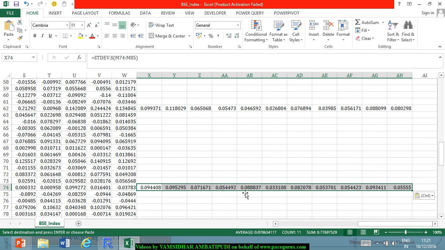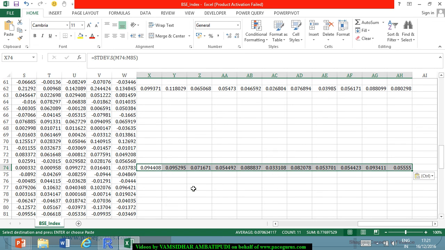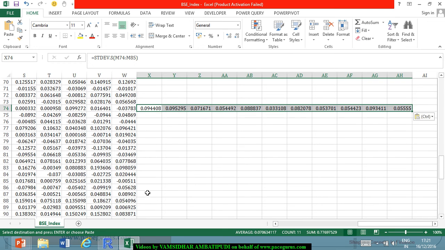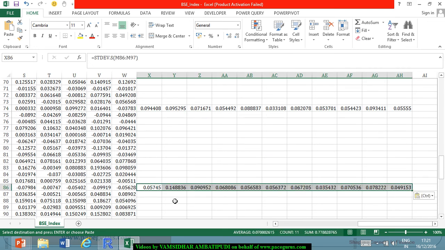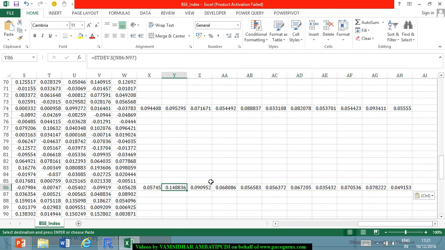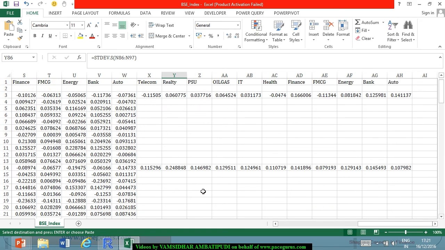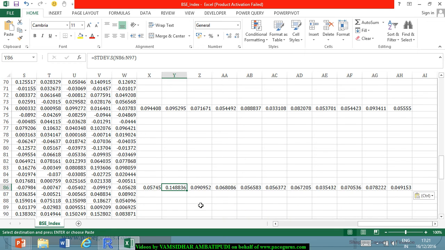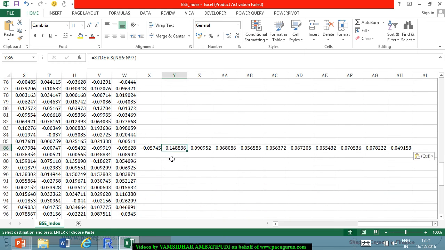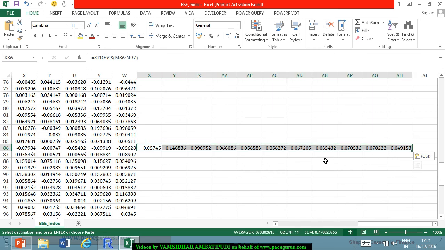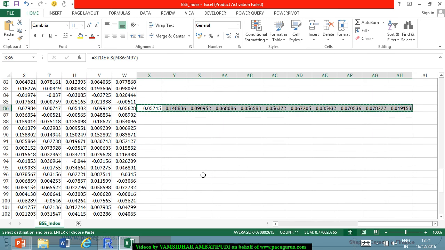Again in 2013 also some sectors were much lower. Some sectors have come to 9.5 percent. So continuing the same logic in this year, the volatility of the reality sector has gone up like anything, whereas all other sectors were in a slightly stable mode.